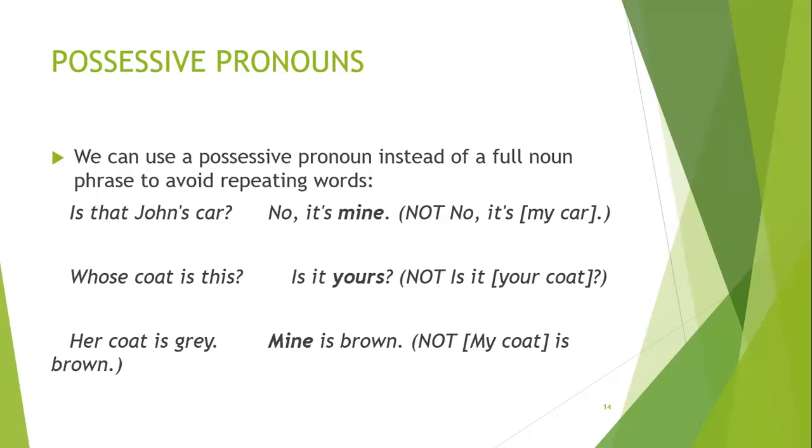You can avoid repeating the whole words and just say it's mine. Whose coat is this? Is it yours? Not, whose coat is it? Is it your coat? I mean, maybe children would do that, but here you know that you can use a possessive pronoun to replace that. Her coat is gray, mine is brown. Not her coat is gray and my coat is brown. I mean, who talks like that?